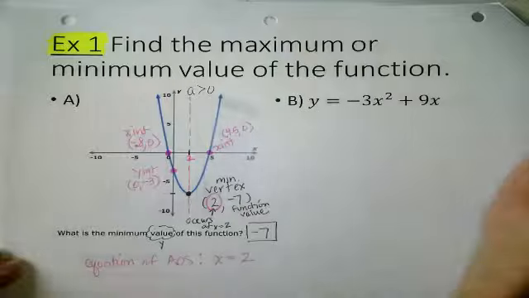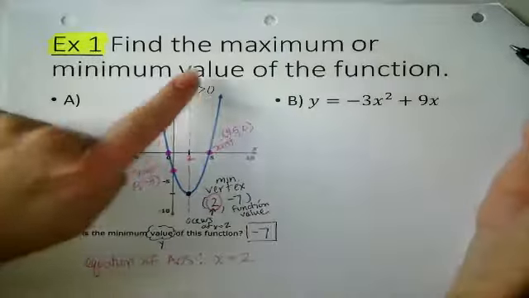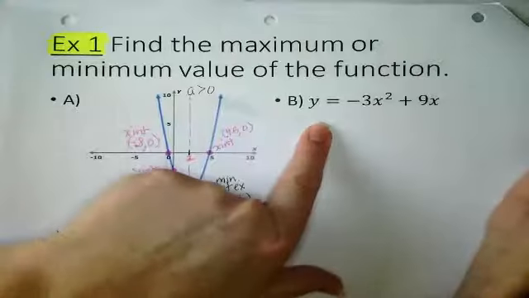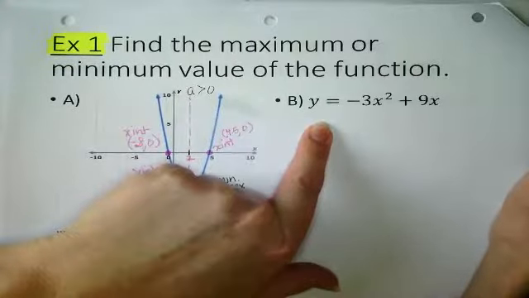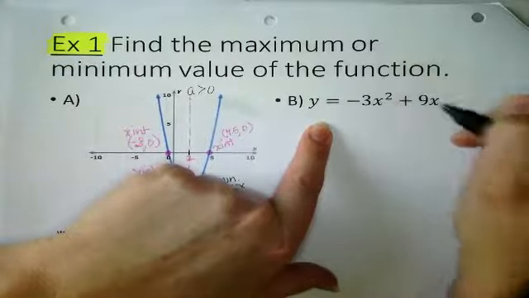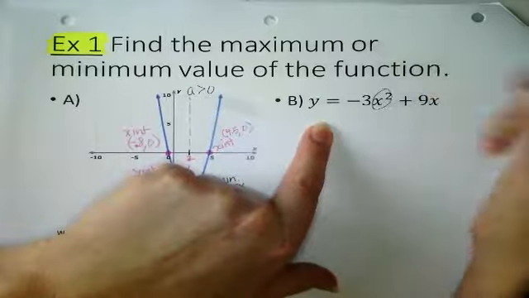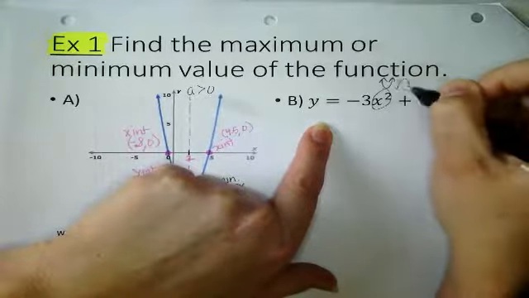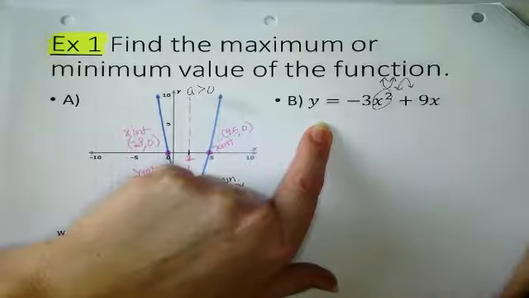Now we want to find the minimum value or the maximum value of the function. And here they gave us the equation of the function. First of all, when I look at this, I know that it has an x squared, so I know it's a parabola. And I want to know, is it an up parabola or a down parabola?